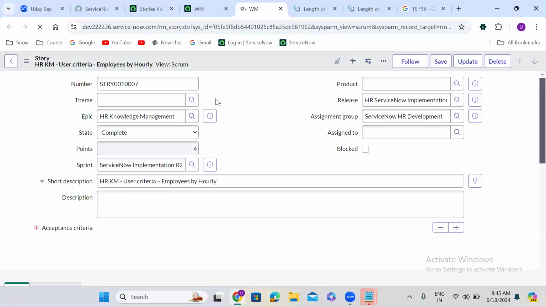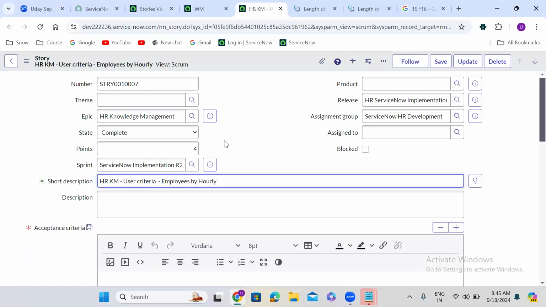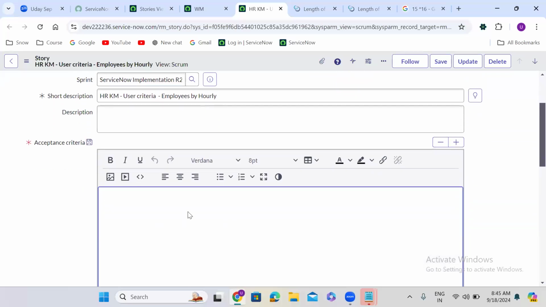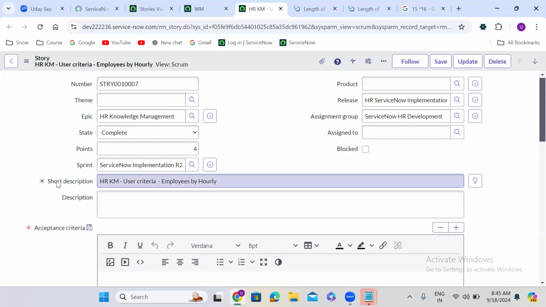So this is a requirement. Every story is a requirement. In the short description and description, you will see what is the work that you have to complete. In the acceptance criteria, you see what you have to achieve finally. So you will get the requirements in this format, guys.